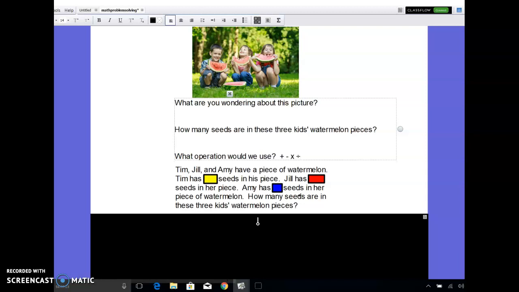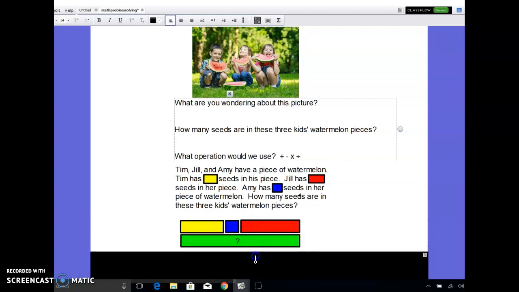Okay, so what I did was I made this strip diagram. And you know I love strip diagrams. I matched up the color. I have Tim's seeds right here, and then Amy's seeds here, and then Jill's seeds here. And if we put them together, then we're going to end up with what we're asking for.